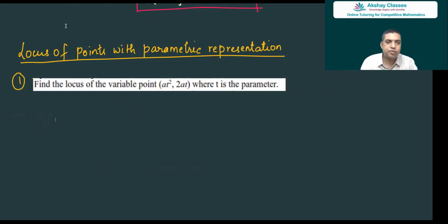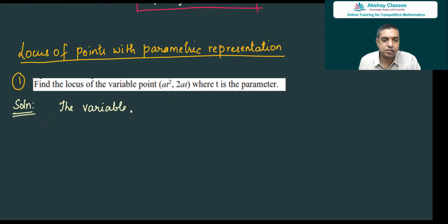So find the locus of the variable point at square comma 2at, where t is the parameter.